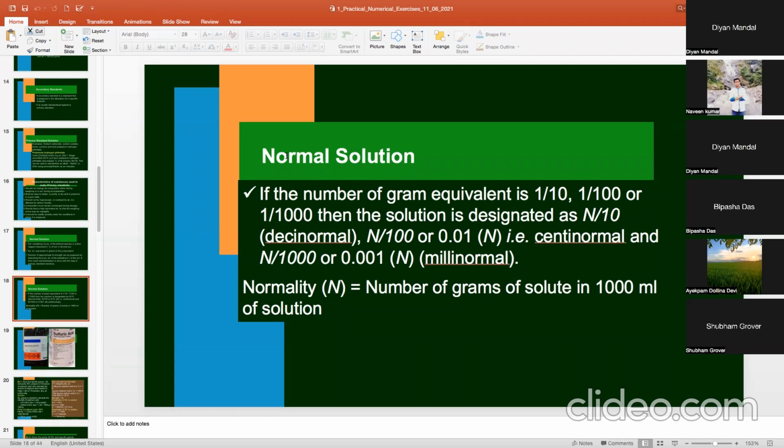Then 49 into 36 will be the quantity of pure sulfuric acid in a liter of the sulfuric acid bottle. Very good. Is it clear to other students also? 5 normal means 5 times the gram equivalent weight. 6 normal means 6 into the gram equivalent weight. Is it clear to everybody? I think many of you might know it, but for those who do not, there is no harm in learning it.